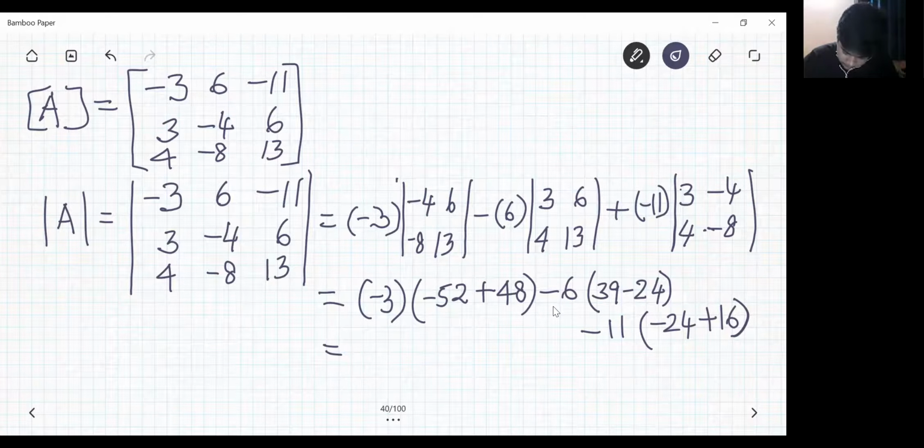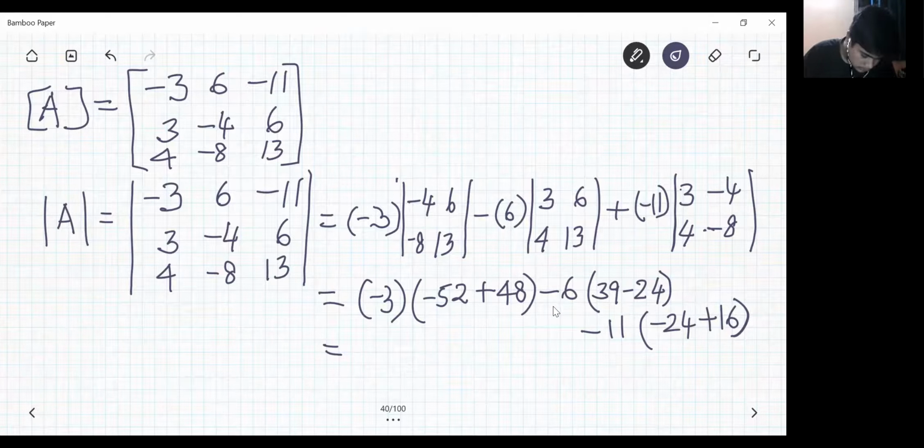So 3 into minus 4 is minus 12. Where is 3? 3 into, sir. But where is 3? So, one minute. In the problem, what have I given? Read the problem, what I have given.